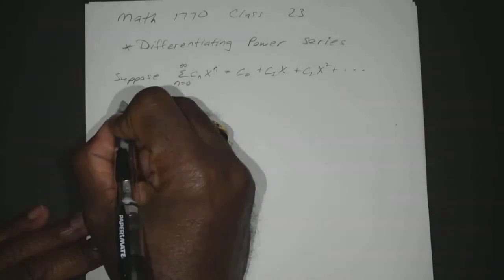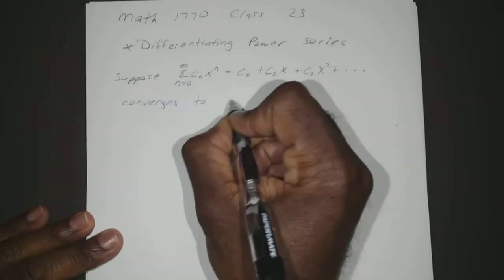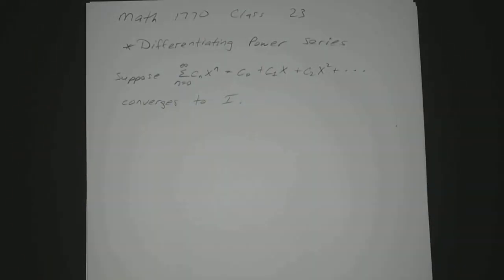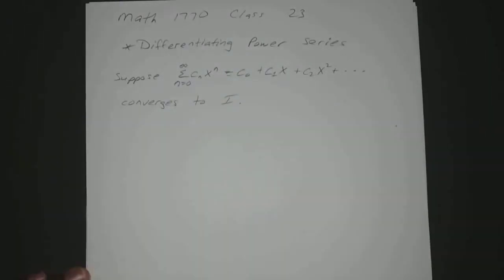And we're going to assume this converges to some interval that we'll call I. Let me straighten that up to look more like an equal sign.